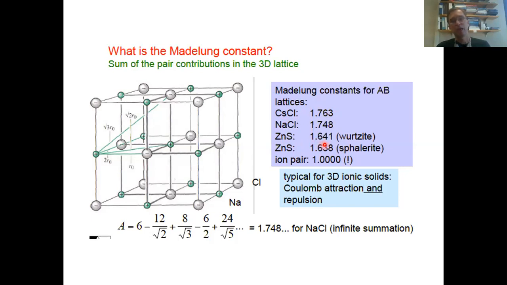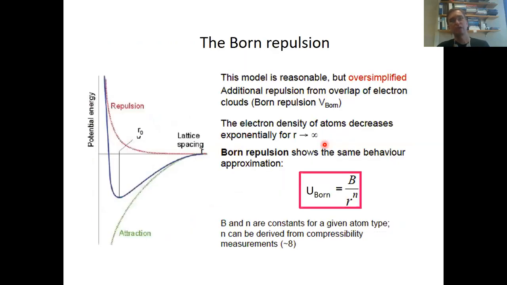All right, but now let's go to the repulsive interactions, which are called the Born repulsion. The Born repulsion results, as I mentioned previously, from repulsive interactions between the electron clouds and between the nuclear charges of cations and anions, respectively. That repulsive factor has to be added to the attractive factor. You see this here graphically. Here you see the amount of repulsion as a function of the distance of the ions.